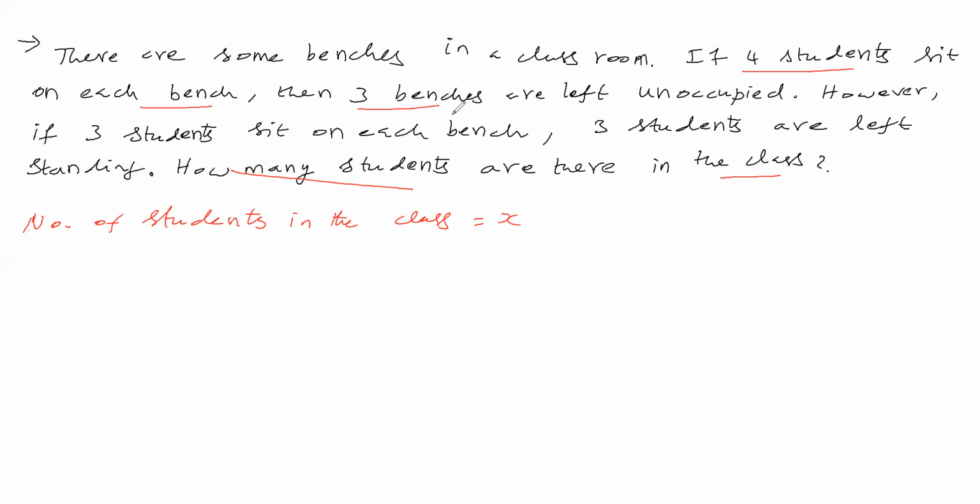Now, 4 students sit on each bench, they said. Then the number of benches we will see. 4 students sit on each bench, so one bench has 4 students sitting.